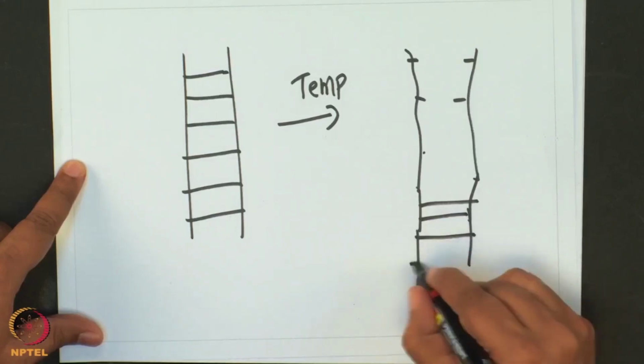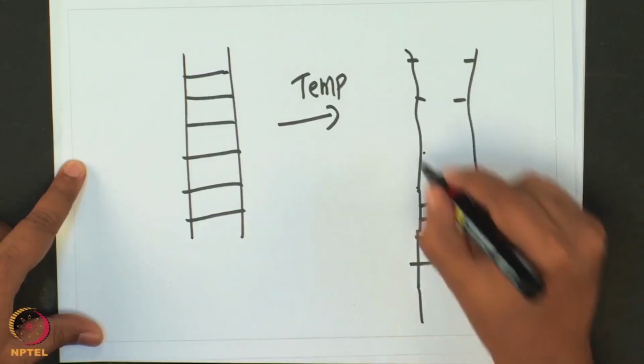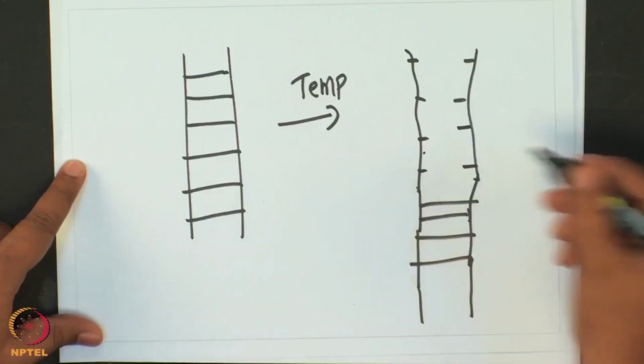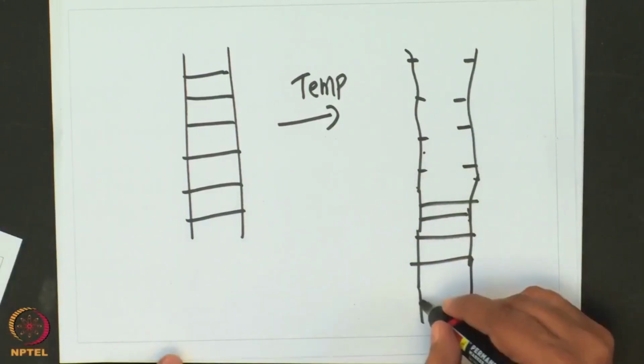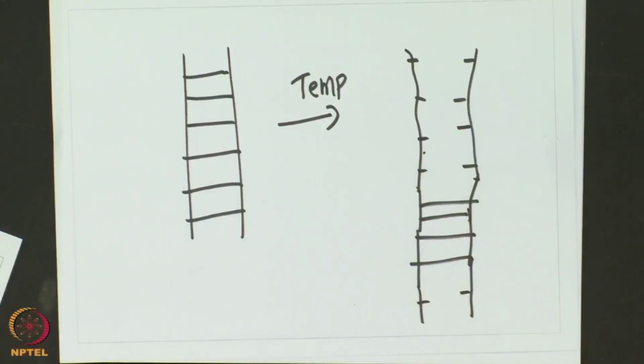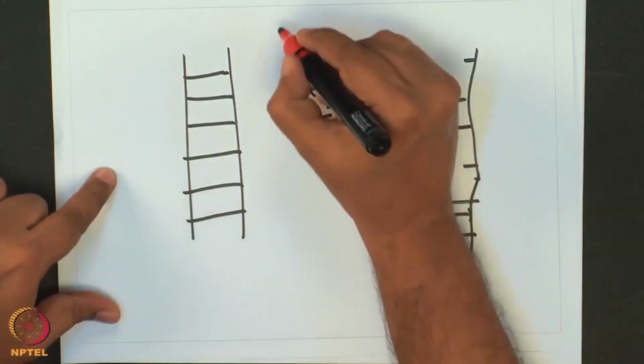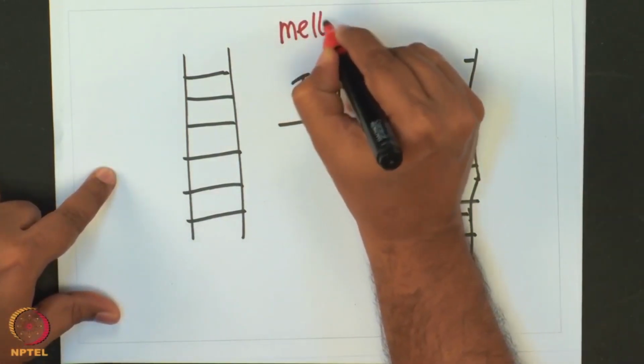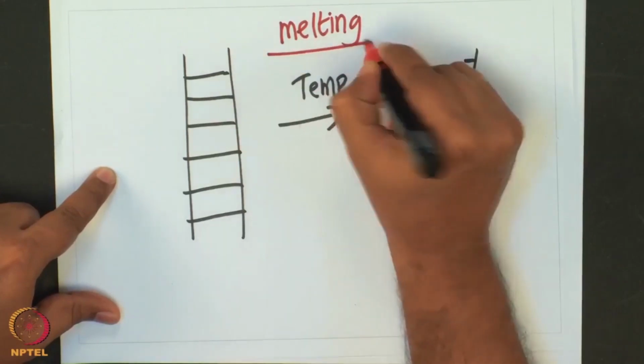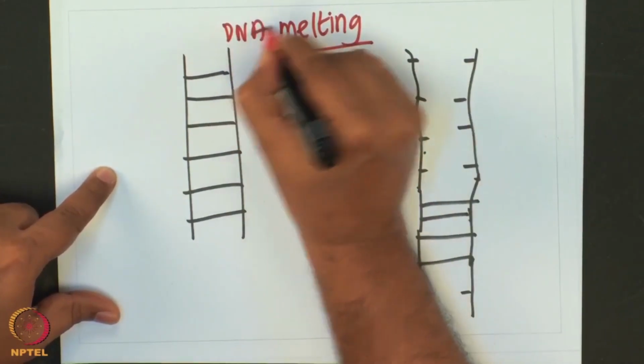All the bonds need not break, and so on. So some bonds will be broken because of the finite temperature. As the temperature increases, there is melting of DNA. This is sometimes called DNA melting.